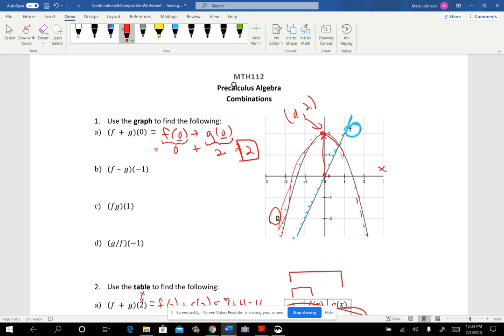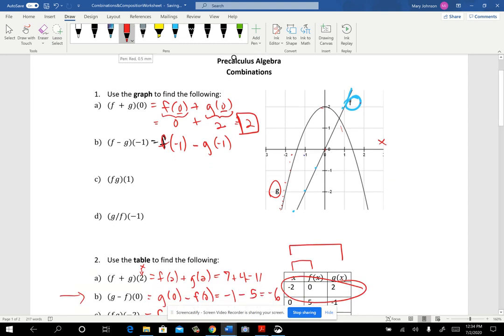All right, so let's try another one. Let me kind of clean this up so it's not messy. And let's think about the next one. Okay? So we're going to do f of negative 1 minus g of negative 1.